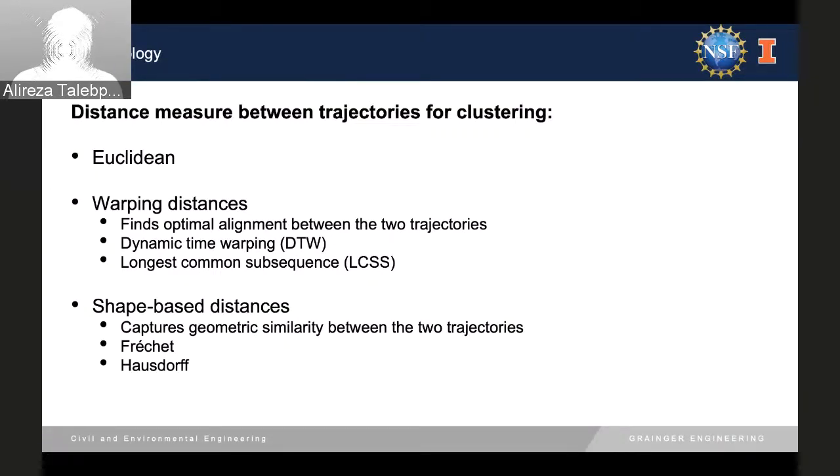There are two key solutions to this. One is warping distances. Dynamic time warping is a very common approach, a very good example of this. It tries to match the points in one time series to as many as it can in the other. That way you don't have an issue with the duration of the time series or the shape of it. Essentially it just compares the shape of them.